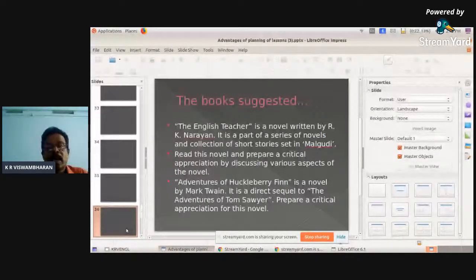So that is simple to read. Critical appreciation. You will be able to write the critical appreciation by understanding the idea.